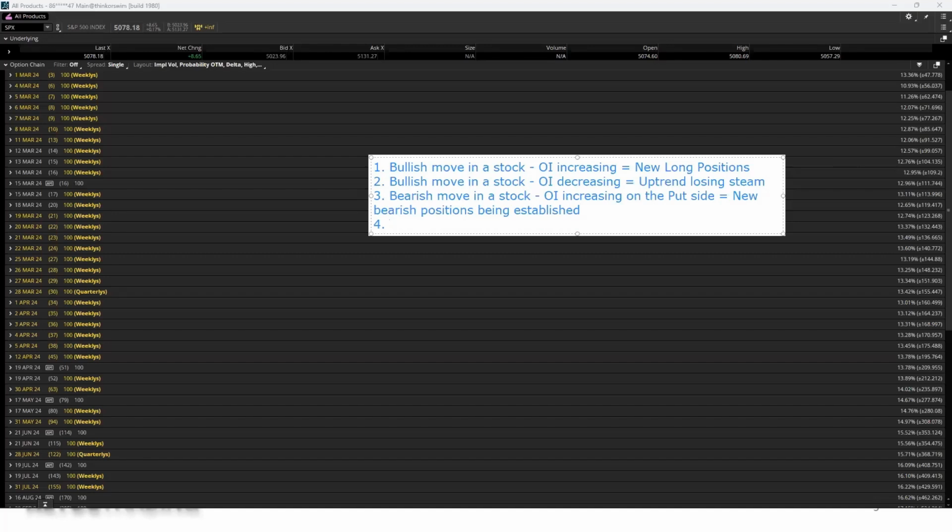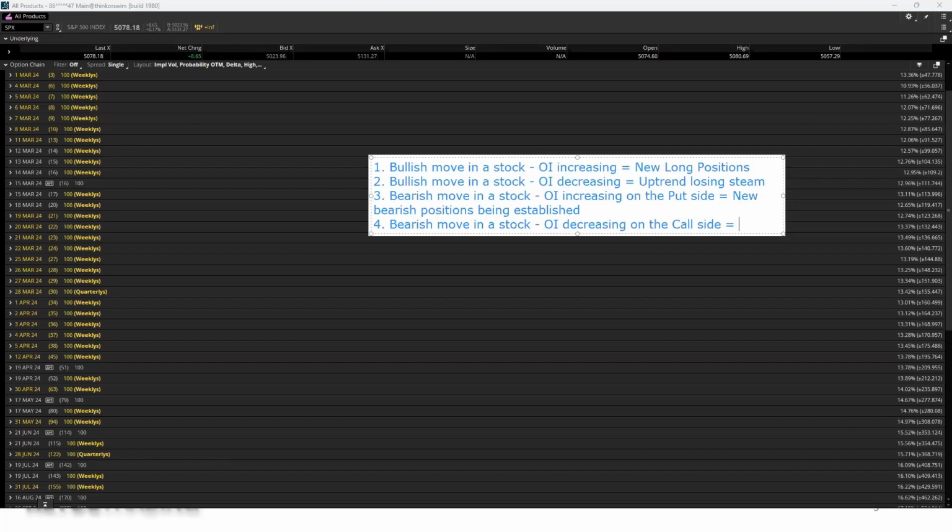The last one would be, okay, also a bearish move in a stock. Open interest is decreasing. Sometimes it's hard to keep all these straight. Stock's going down, and open interest is also going down on the call side.